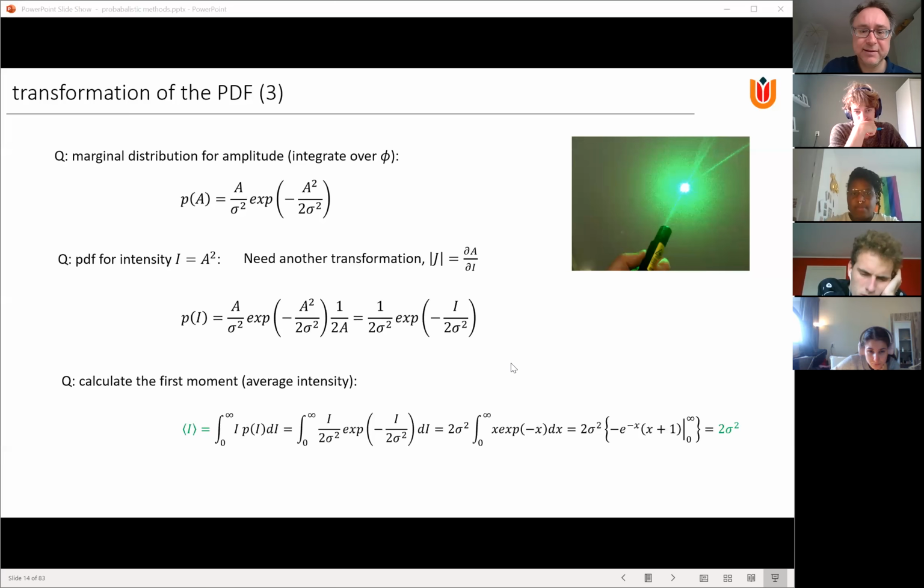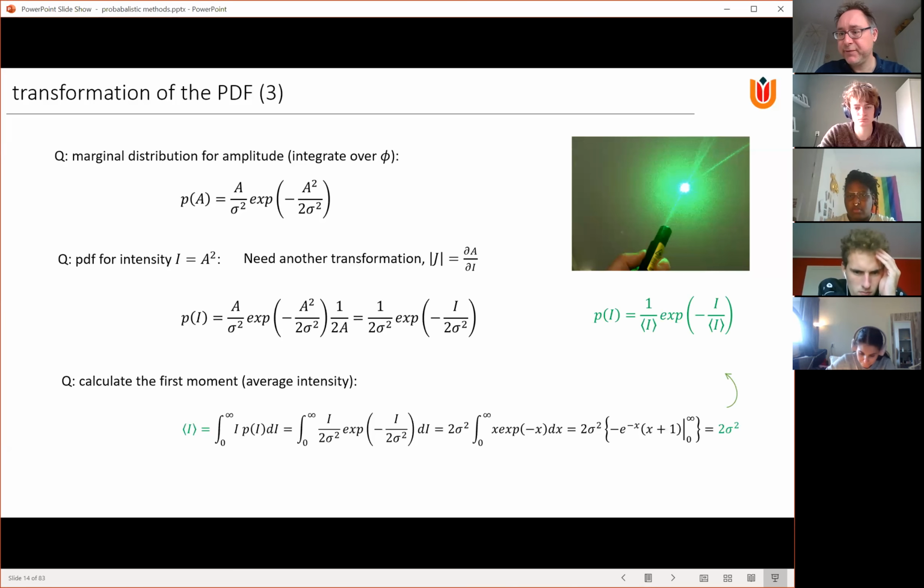So we can make that substitution, and there we go, this is the final expression for the PDF of the intensity in the speckle pattern. So it is again a purely exponential distribution, and it only has one parameter, namely its mean, the mean intensity.